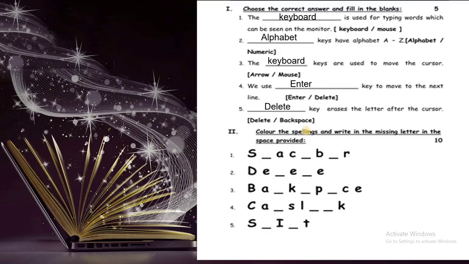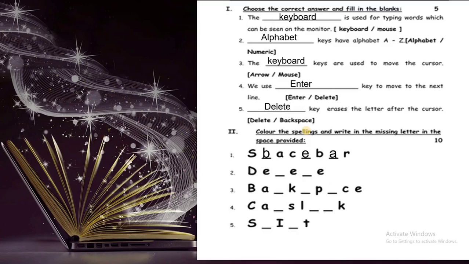The first word is S dash A C dash B dash R. So what comes first in your mind after S? Which letter do we fill here? Sorry, here it is not B, here it is a P.